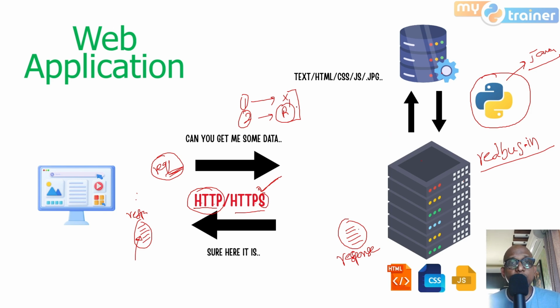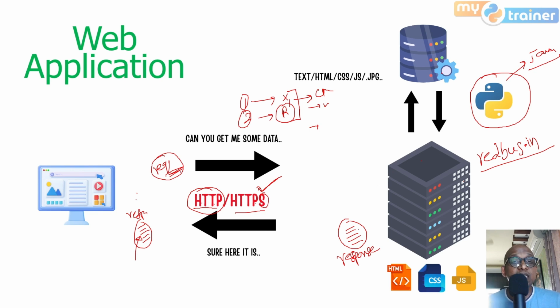The response could be a simple HTML file, CSS file, image, video or PDF. That is a static website. There is nothing the server needs to calculate once it receives the request.